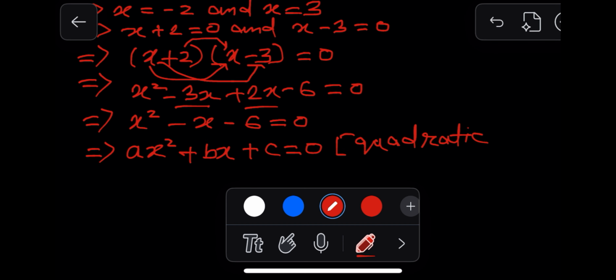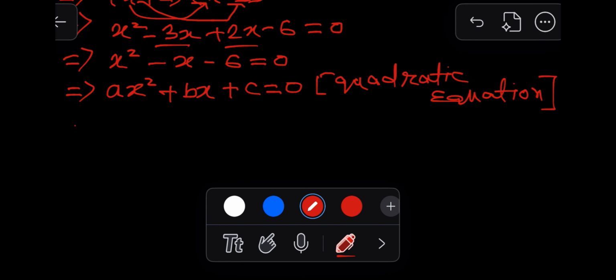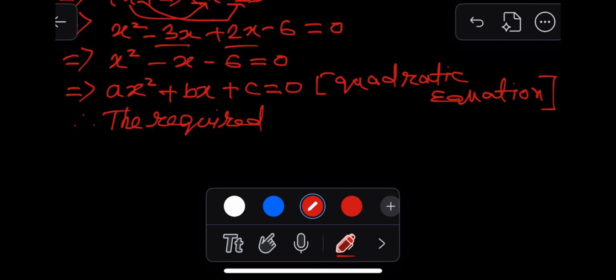So the required equation is x square minus x minus 6 is equal to 0.